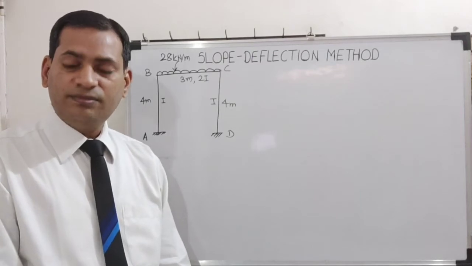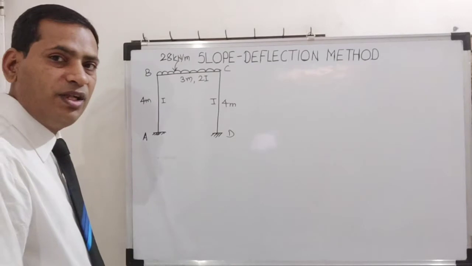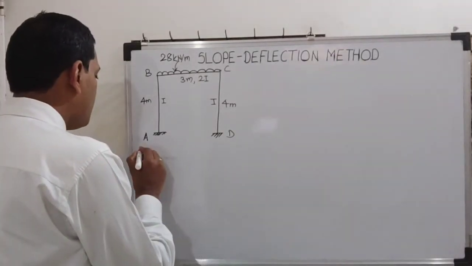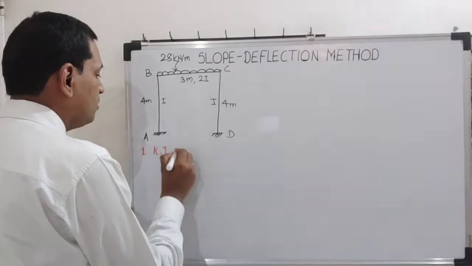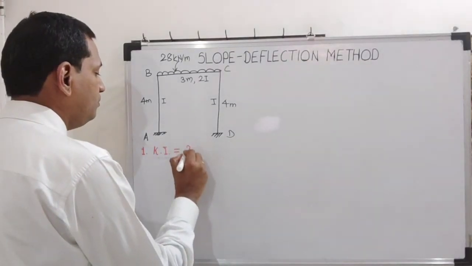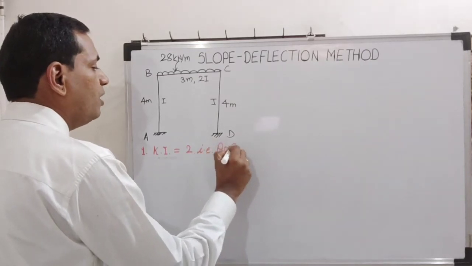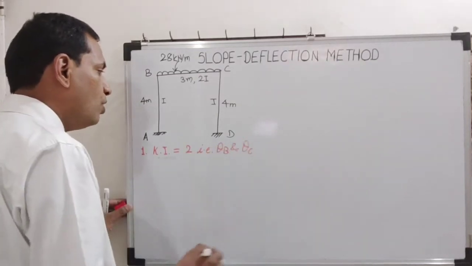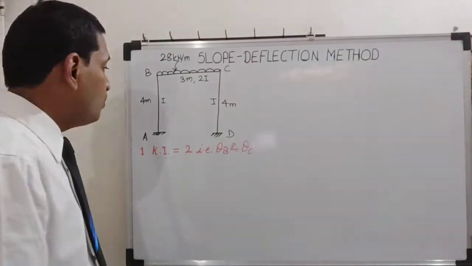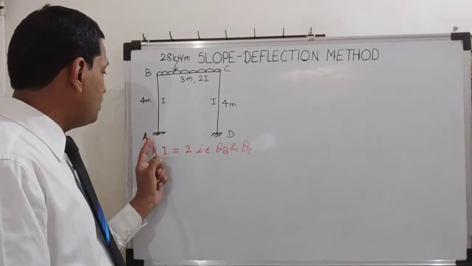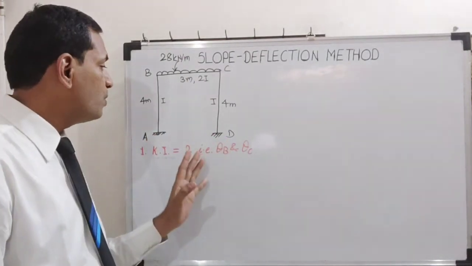So let us start. Our very first step in the slope deflection method will be finding out the kinematic indeterminacy for this frame. So it will be 2. How to find kinematic indeterminacy? Always remember, you first of all neglect all the supports, that is this fixed end, you assume that there is no support here.